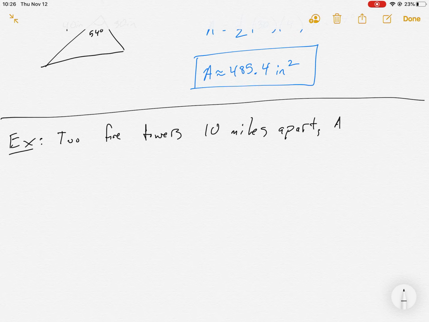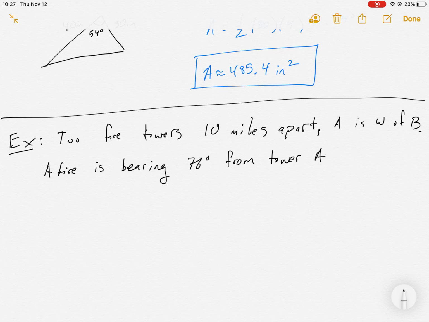We'll say Tower A is west of Tower B. A fire is at a bearing of 76 degrees from Tower A, and the fire is at a bearing of 304 degrees from Tower B.